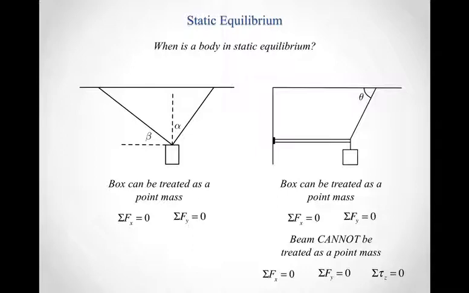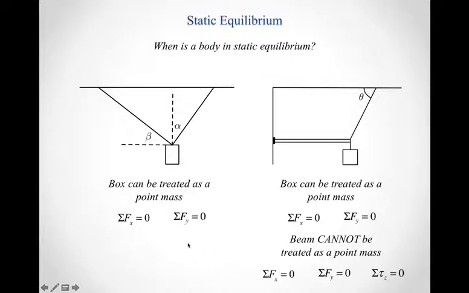For the beam, on the other hand, I can't treat the beam as a point mass. I care about the fact that this beam is an extended object. And so in this case, what that means is I'm going to set up three equations for the beam. I'm going to set up the sum of the forces in the x direction acting on the beam equals 0, the sum of the forces in the y direction acting on the beam equals 0, and the sum of the torques in the z direction about some pivot point equals 0.